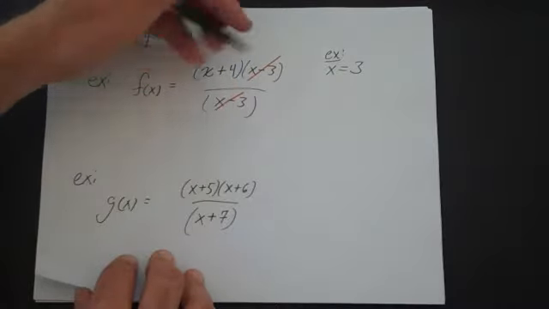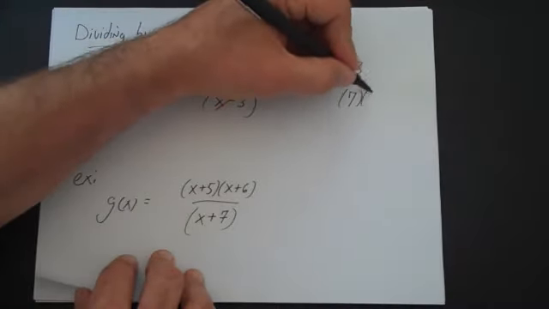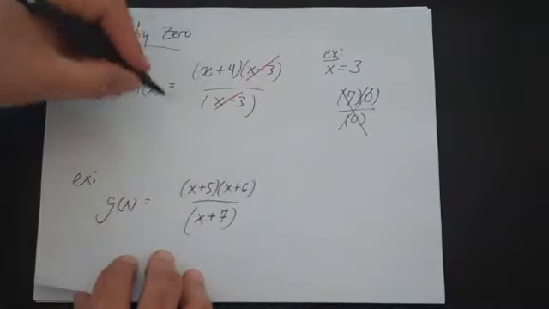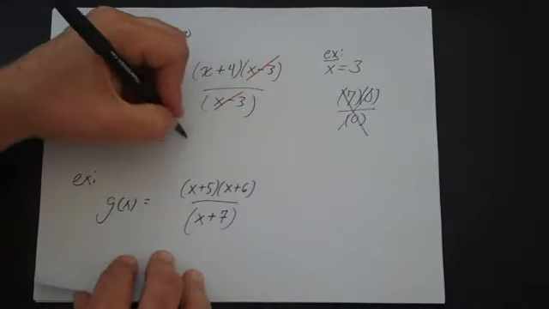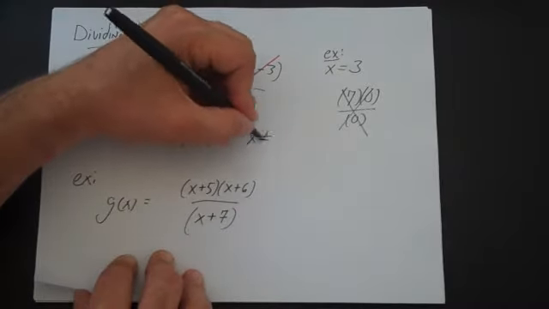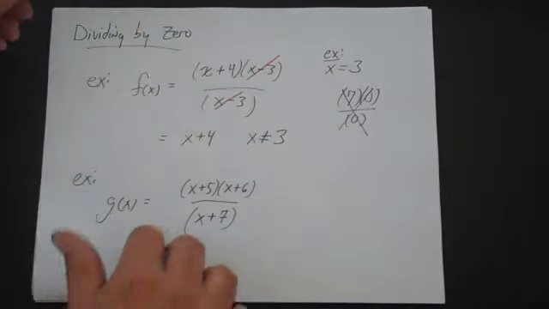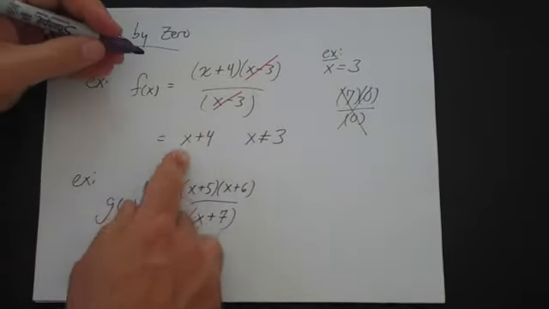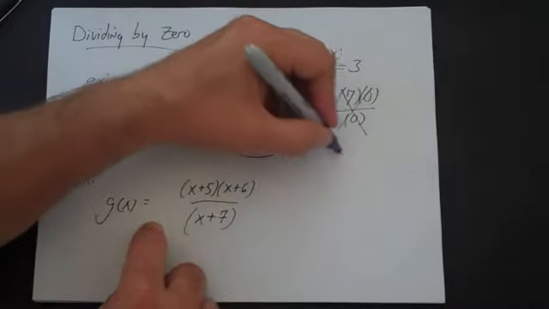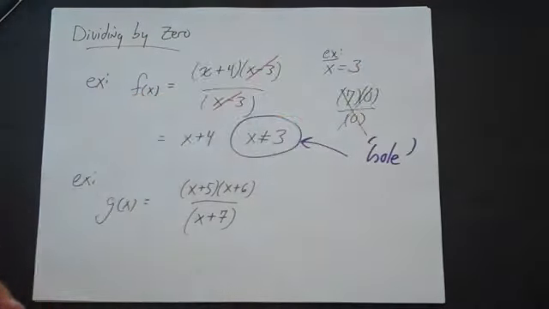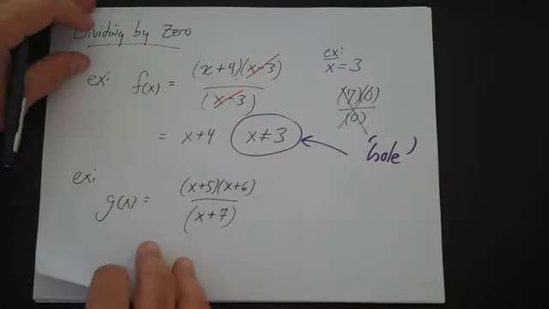And 7 times 0 over 0 does not exist because that would be dividing by 0. So it turns out that f of x here is equal to x plus 4 if x is not equal to 3. That's an example of what's called a removable discontinuity, or sometimes they're just called holes. There's a hole at x equals 3.